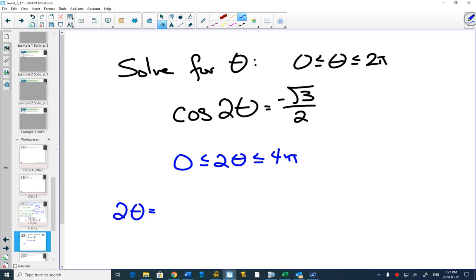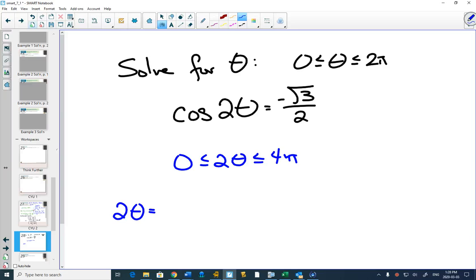What family is that for cos? Pi over 6 family. And then you're going to look in quadrants because cos is negative. Quadrants 2 and 3.